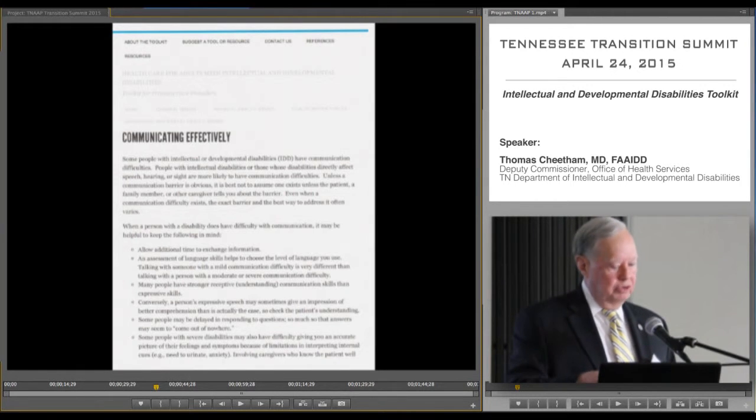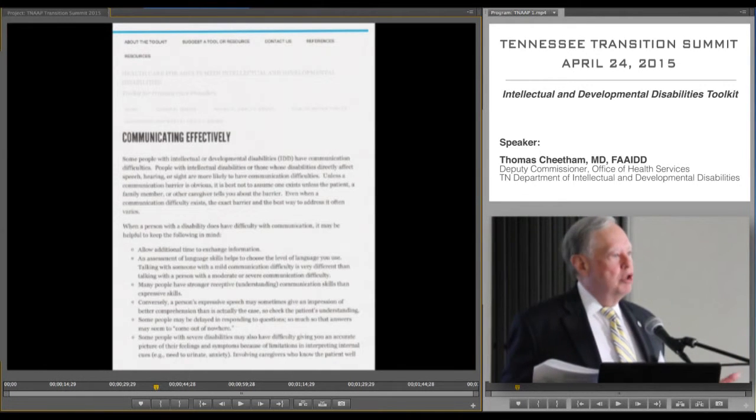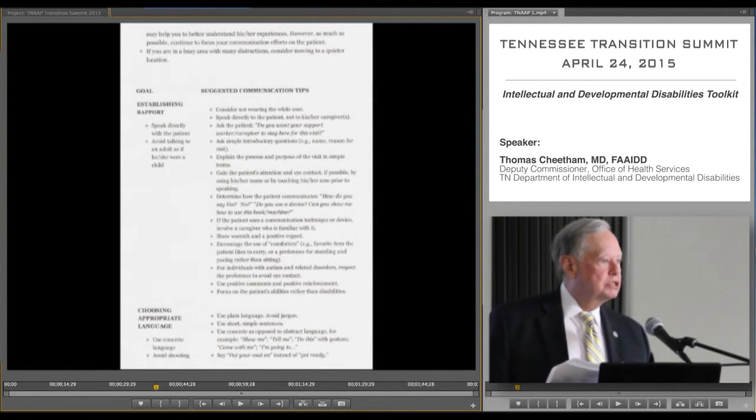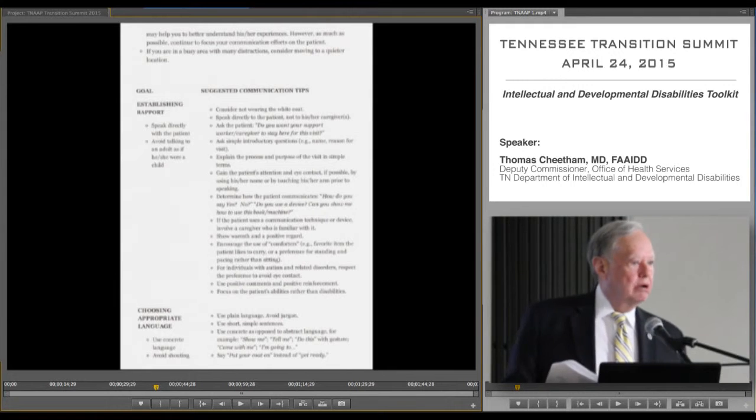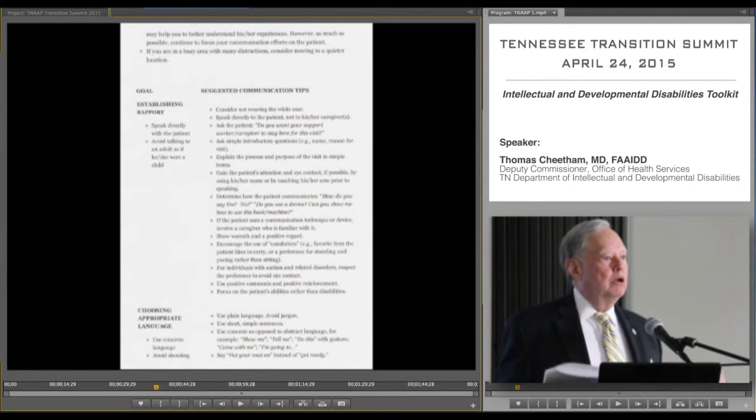But as you look through those few pages, you see there's some practical suggestions. Things we all know, but sometimes people forget when they're in an unfamiliar situation and dealing with an adult with a disability. And it emphasizes things like concrete language.